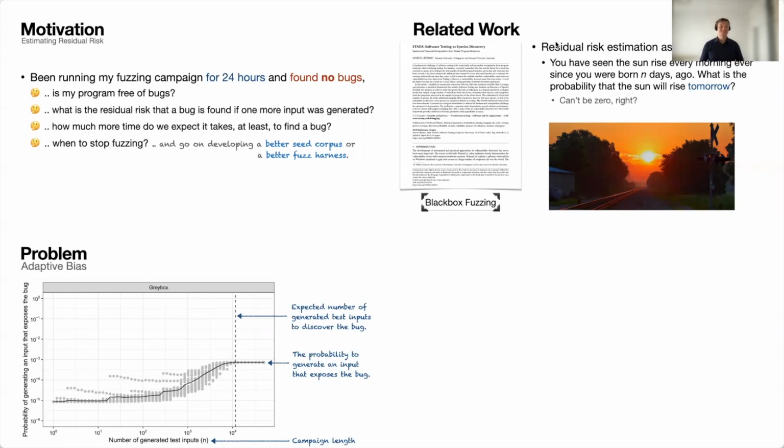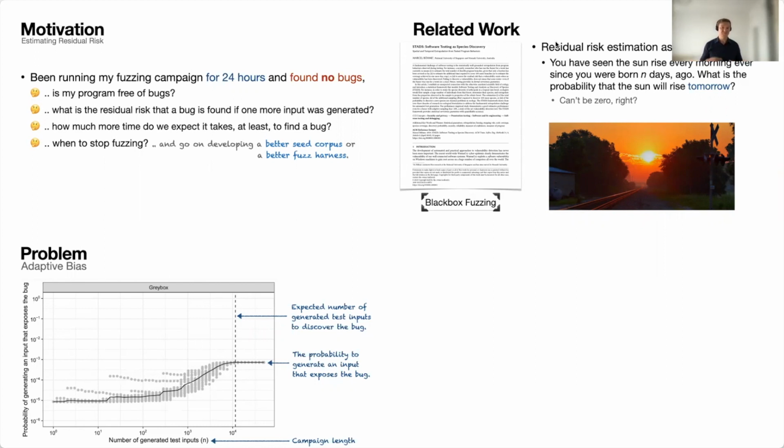So in summary, I've explained what residual risk is and why we should estimate it. Particularly, we would like to have some kind of assurance that a fuzzing campaign that finds no bugs might still find bugs in the future. I've talked about some related work and opportunities to improve on this related work. I've explained why estimators from black box fuzzing do not work for greybox fuzzing. And the reason is the probability to generate an input that exposes a bug actually increases with the length of the fuzzing campaign.